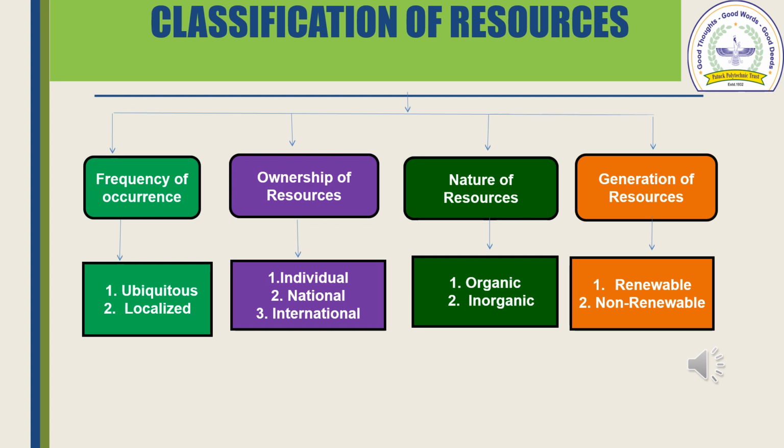Now, the next point is on the basis of nature of resources, there are two types: one is organic resources, second one is inorganic resources. In simple words, biotic resources and abiotic resources.